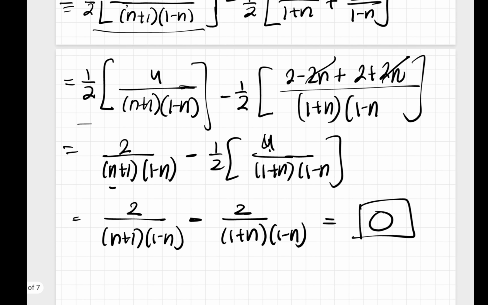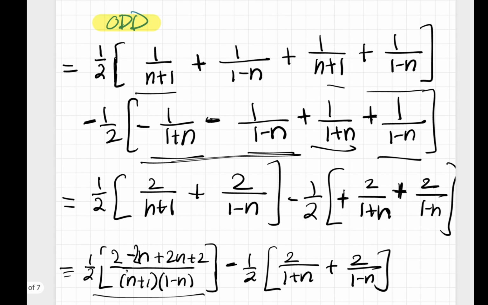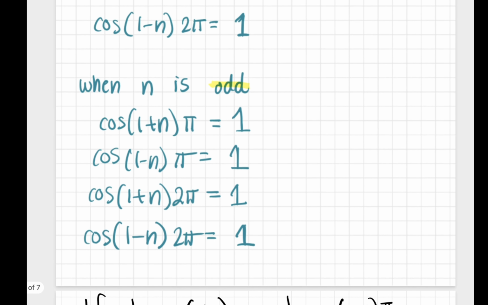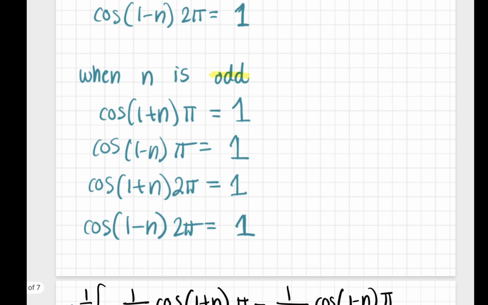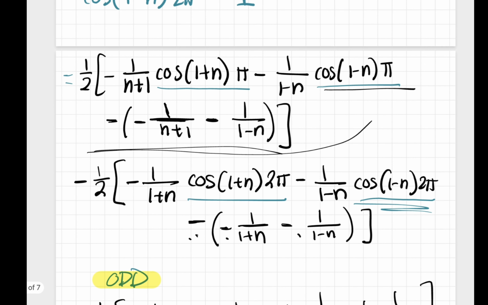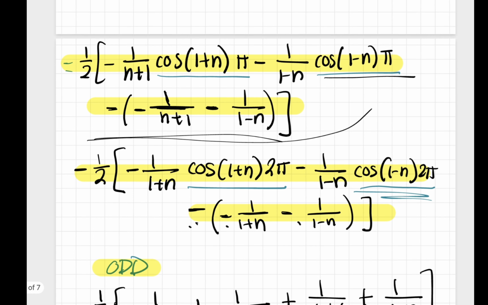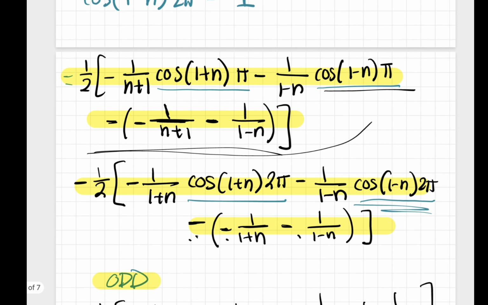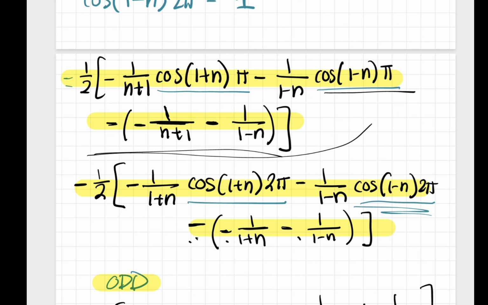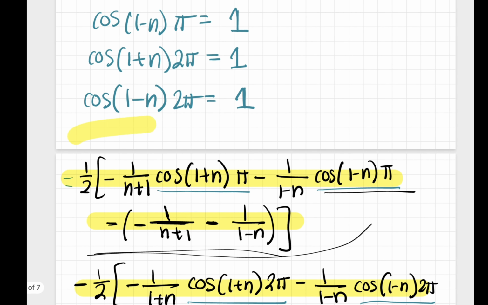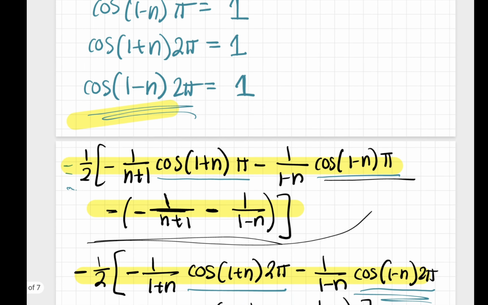So that is when n is odd. Let's do that when n is odd. We still have to do that when n is even, but it's the exact same procedure. We already know each of the individual values when n is even. So then we can use this equation. Let me just highlight this. We can use this equation and replace these values in here to find the answer.